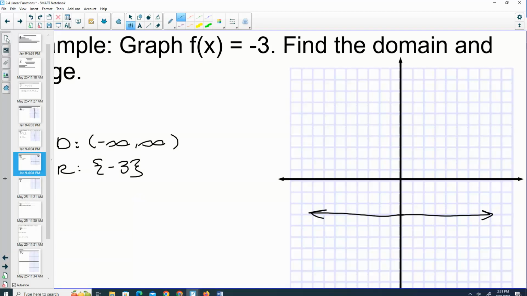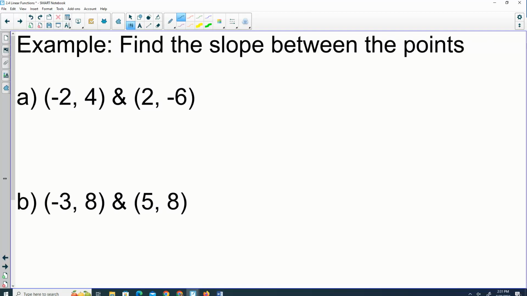Last thing I want to talk about is slope. So we'll do just a couple examples. If I ask you to find slope between 2 points. So this is like my x1, y1, x2, y2.